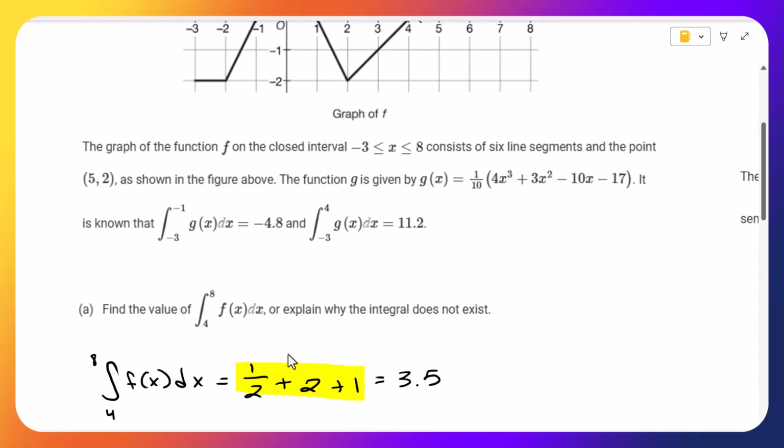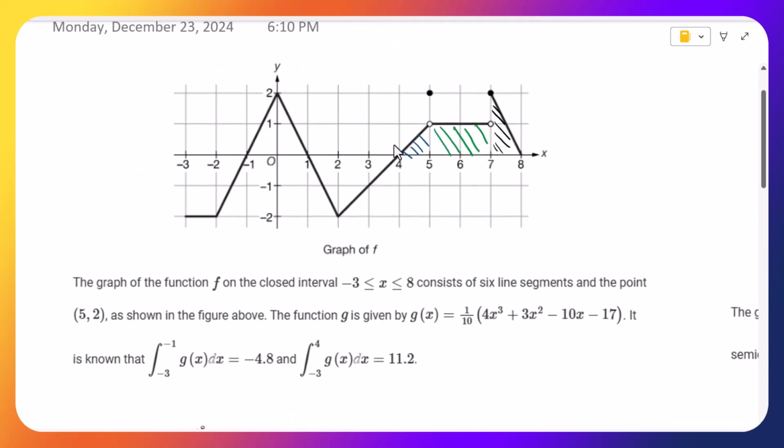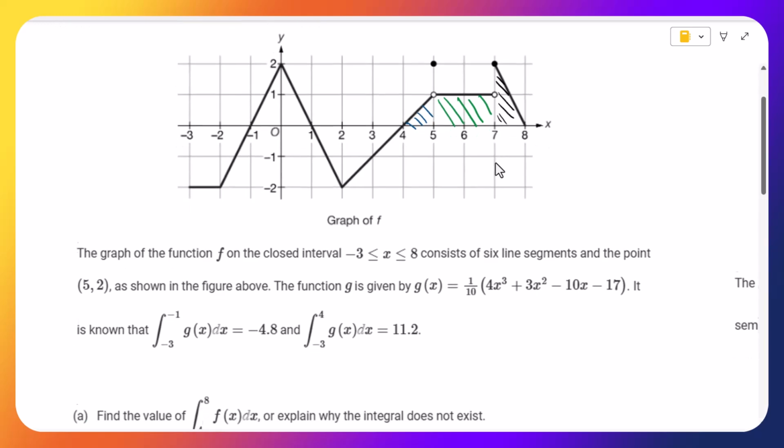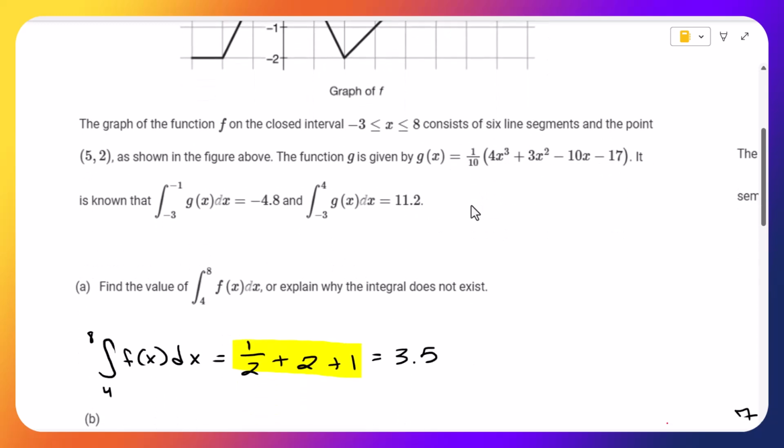This is your value. And I'm going to pause and say something that's not talked about here: is this graph continuous from 4 to 8? No, it's not continuous. It's not continuous at 5 and it's not continuous at 7, but we still found an integral. We still found an area under the curve.